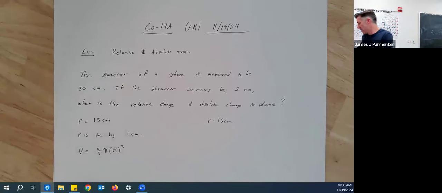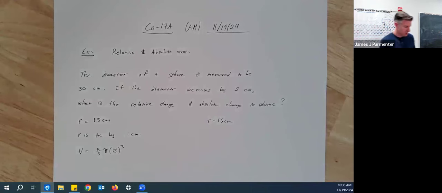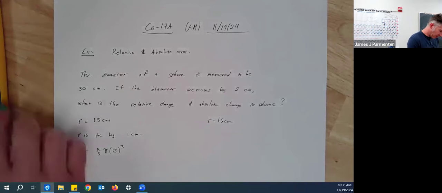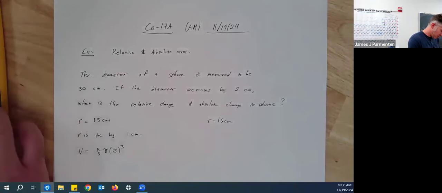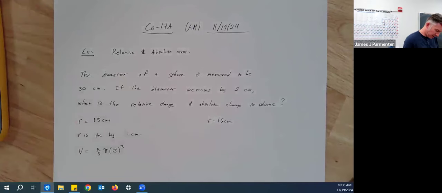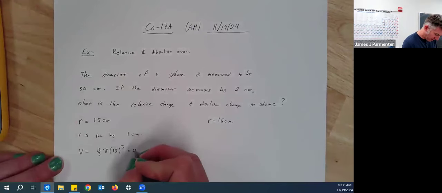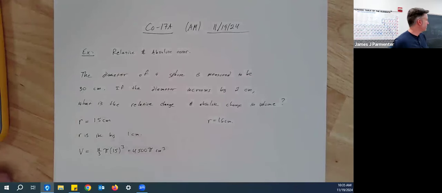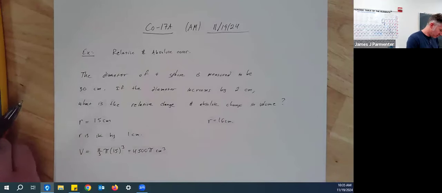That's 4,500 pi cubic centimeters. Pretty nice.